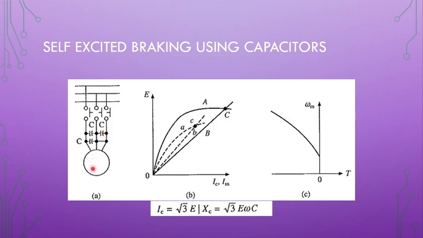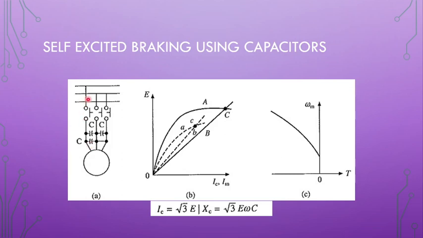As shown in the diagram on the left side, there is a capacitor connected between phase A and B, a capacitor between B and C, and a capacitor between phase C and A. These are kept permanently connected across the motor terminals, and the values of these capacitors are chosen such that when the motor is disconnected, this motor will work like a self-excited generator.